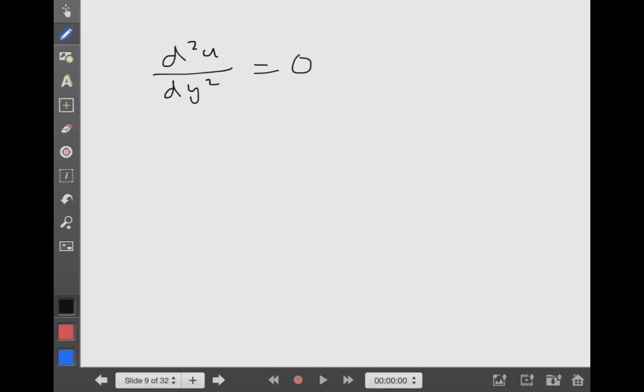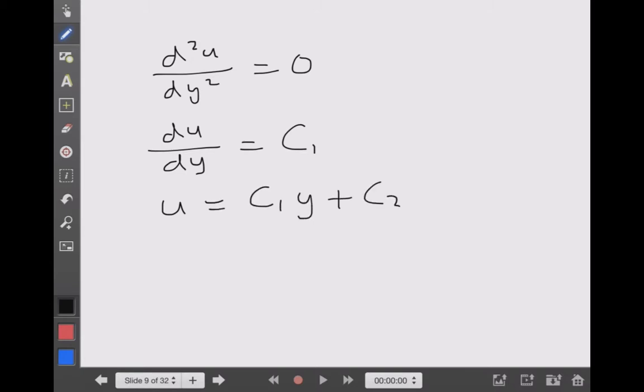So the first integration gives us du dy, and that's going to be a constant. The second integration is going to give us u, and that's going to be c1y plus c2.